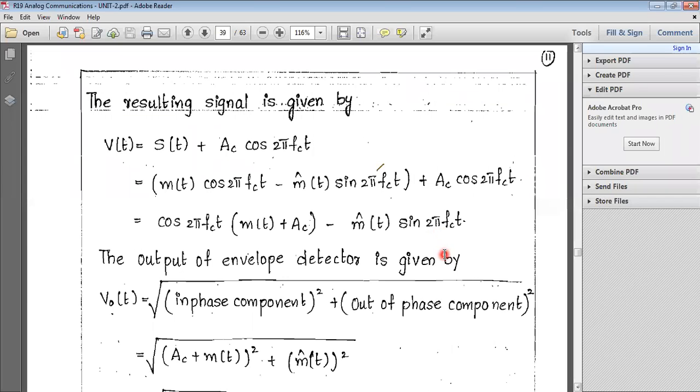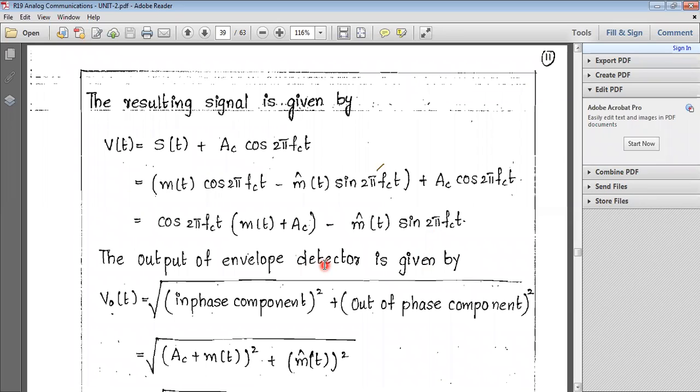In the AM detection method, we already discussed the envelope detector. What is inside the envelope detector circuit? Inside we have a diode and a filter; it is a combination of diode and filter. So for AM demodulation, we use the envelope detector technique.